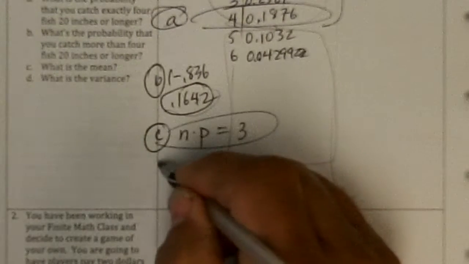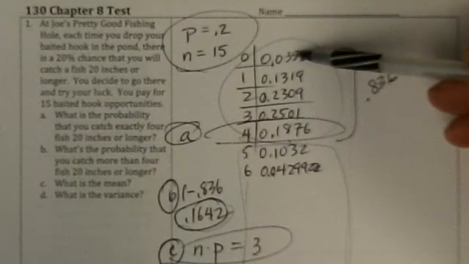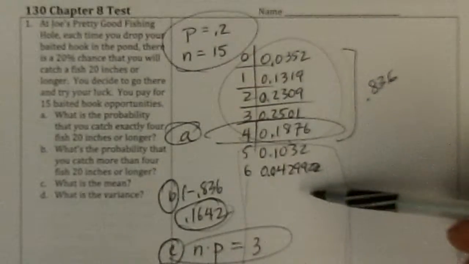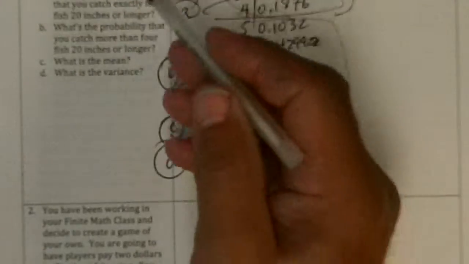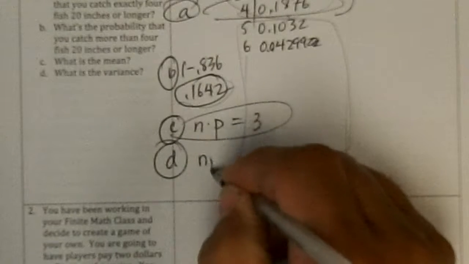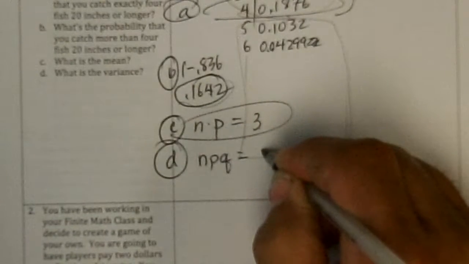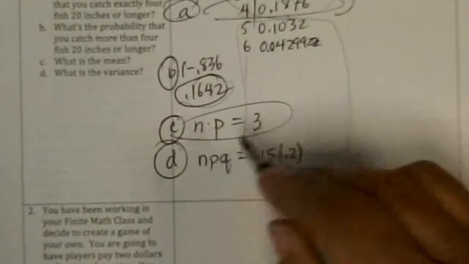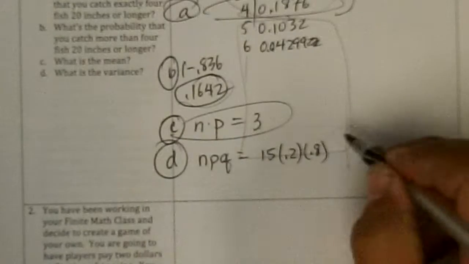And what's the variance? The variance I could get by taking that squared times this, plus that squared times this, all the way through them, then subtract the mean squared. But since it's a binomial, the variance is npq, which is n, 15, times p, which is 0.2, times q, which is the opposite of p, which is 0.8.